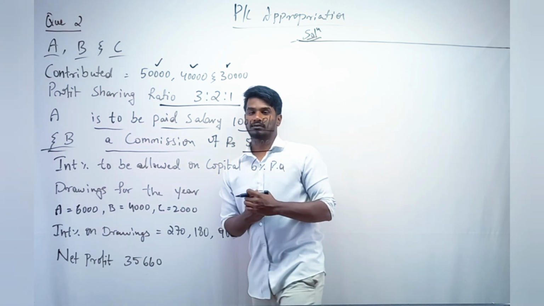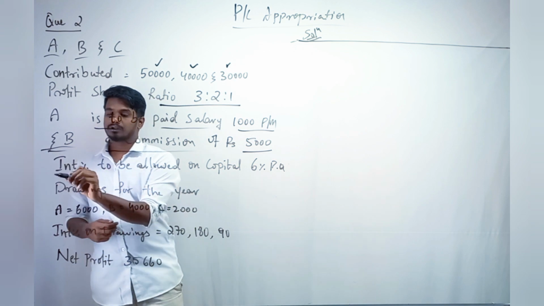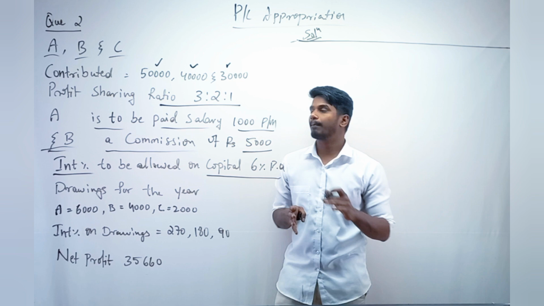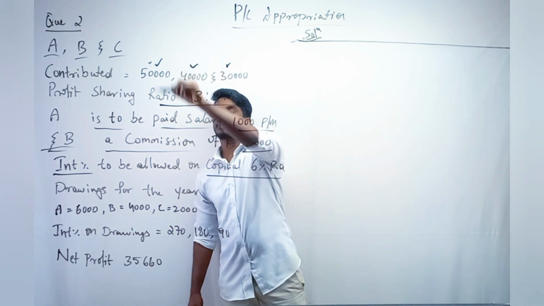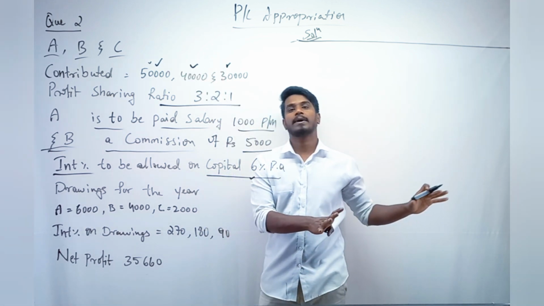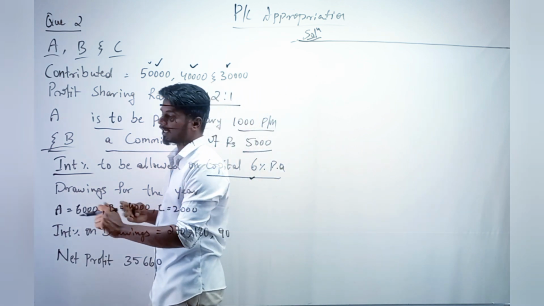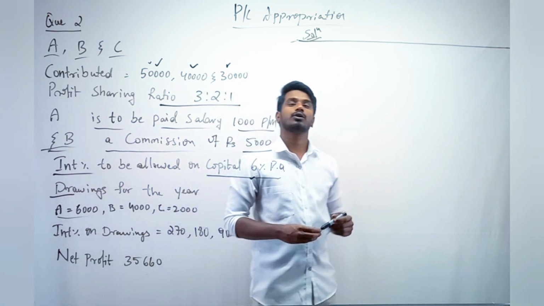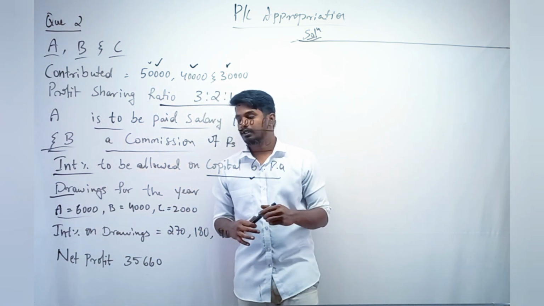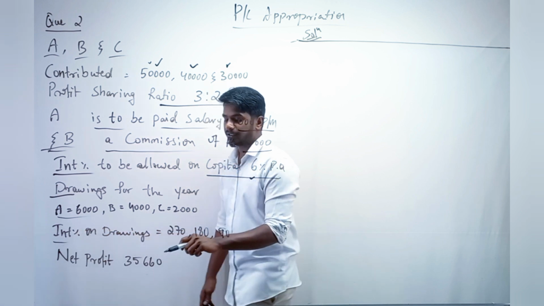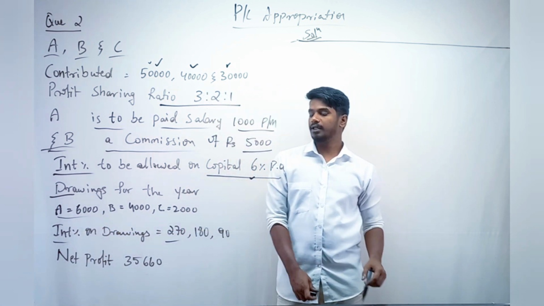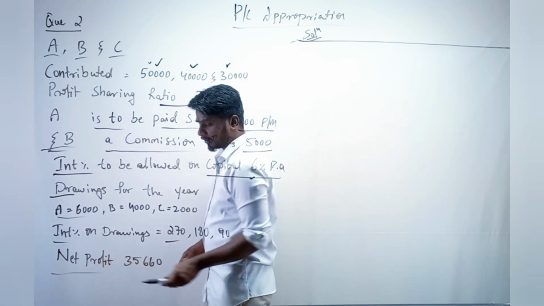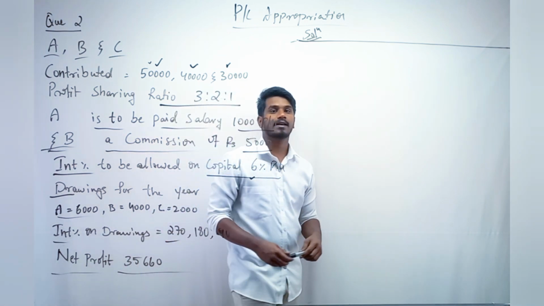Interest to be allowed on capital is 6% per annum. They withdrew 6,000, 4,000 and 2,000. On that withdrawal, the firm charges interest on drawings of rupees 270, 180 and 90. The net profit is 35,660.